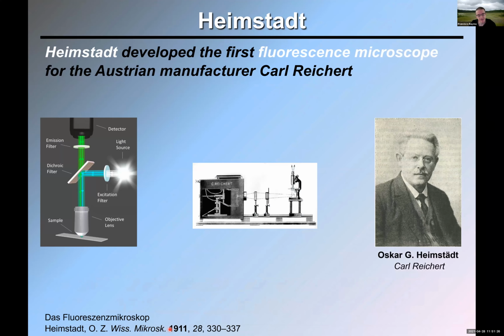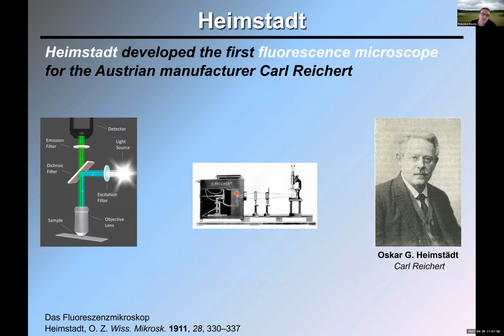The first one showed up in 1911, and this is a diagrammatic representation of the very first fluorescence microscope. And it was developed by this person, Oskar Heimstädt, who was working in Austria. And he was actually working for a company. The name of the company is Carl Reichert. So this is not the name of a person, it's the name of a company. And as you can see, the actual microscope is very similar to what we had in the previous slide.